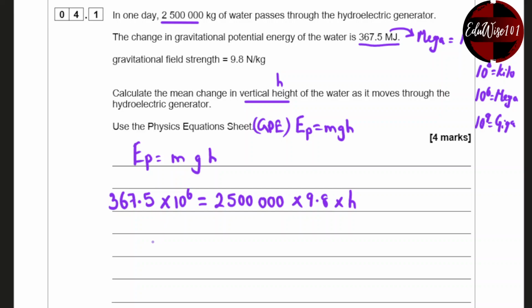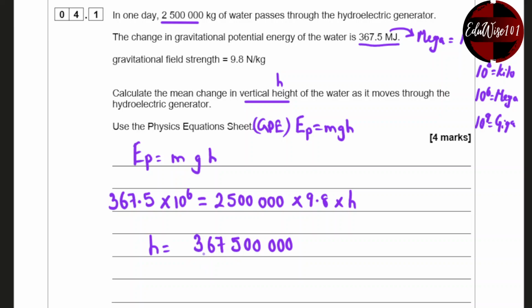Rearranging the equation, height equals 367. Now, if I was to actually extend this from standard form into just normal numbers, it will be 500 and 3 zeros.